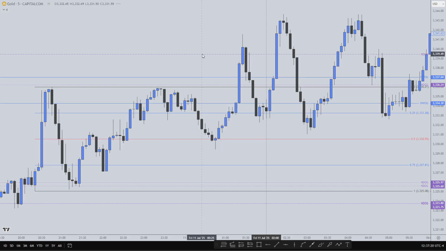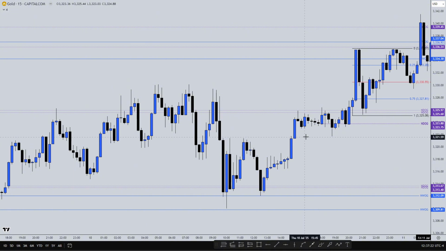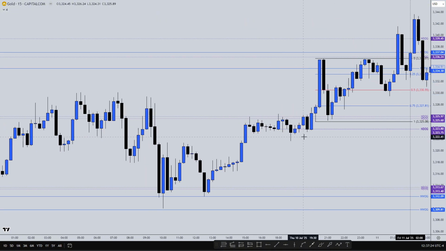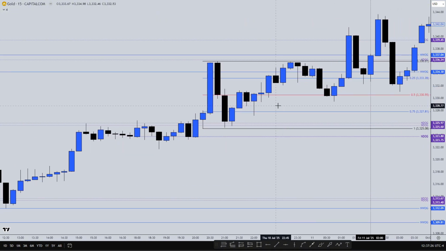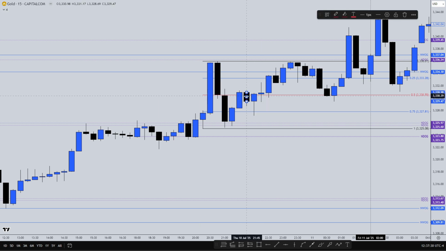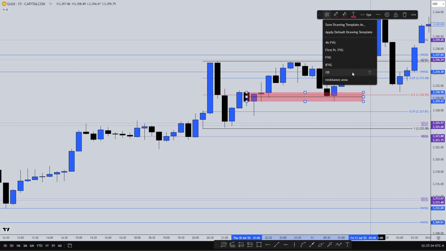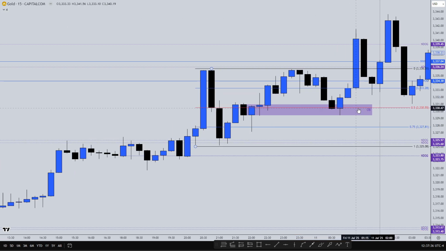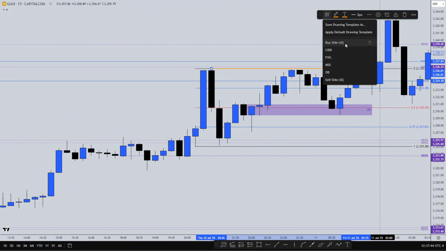If you go to the 15-minute time frame, you can see that there is an order block, which is this one. This is on the 15-minute time frame. And if you want to buy, you have here first a buy side.